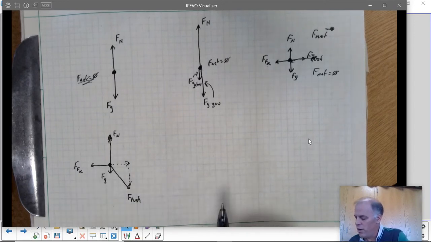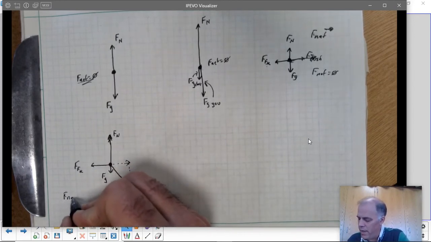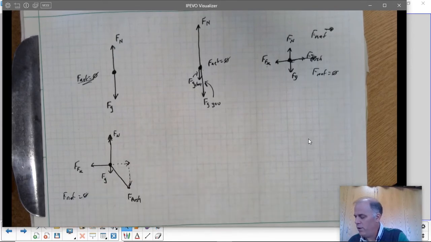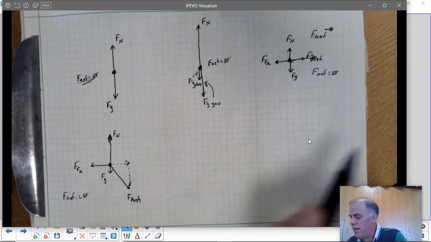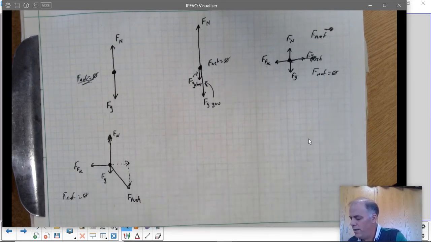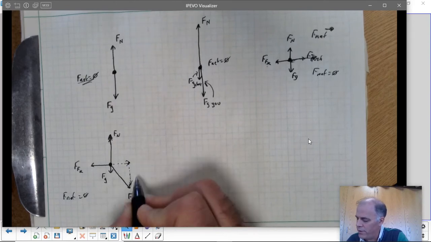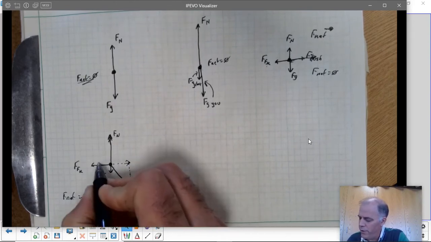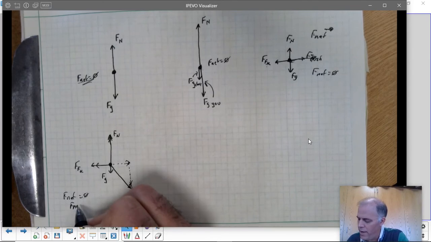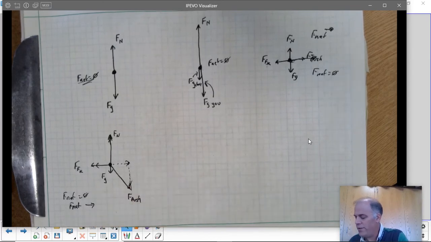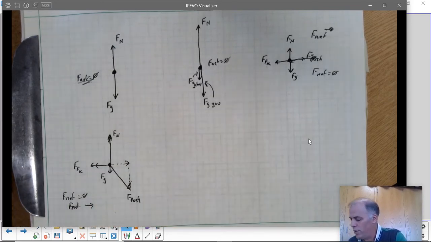And if the broom is at constant speed, then F net equals 0. If you are envisioning the time when the broom is actually speeding up, then you've made this vector a little bit longer, or maybe the friction a little bit shorter, and you're going to wind up with an F net going that way. That just depends on what moment you chose. Was the broom speeding up, or going at constant speed, or maybe even slowing down?